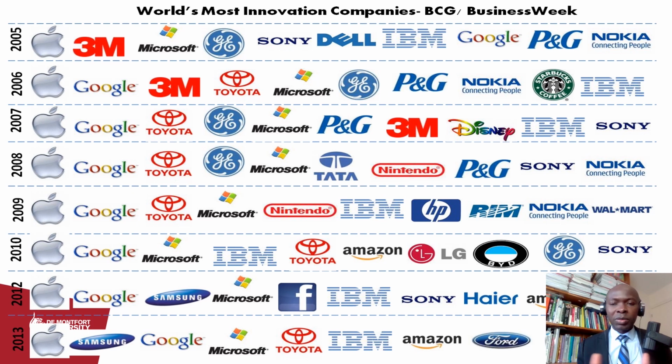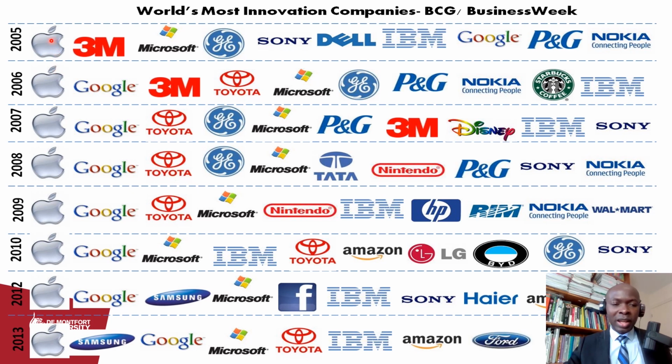If you think about this particular slide, I'm just trying to capture from 2005 all the way down to 2013. This is just an example. The list is not exhaustive, it is endless. But there are some companies that usually come to mind when it comes to innovative companies, according to the Boston Consulting Group and Business Week.